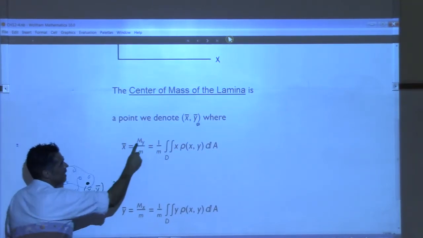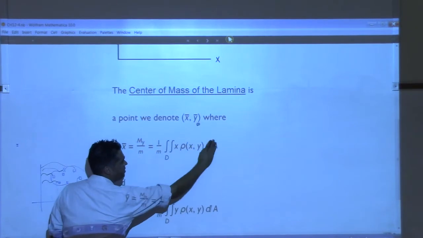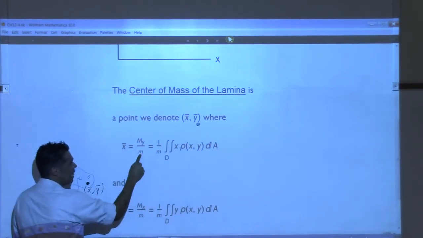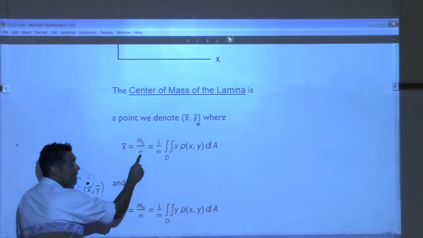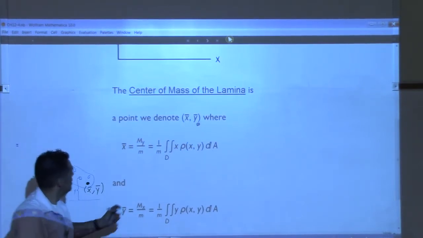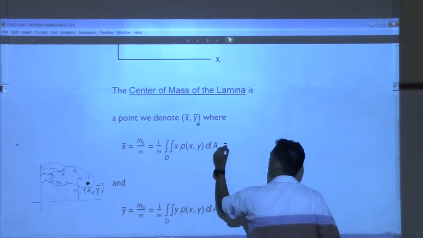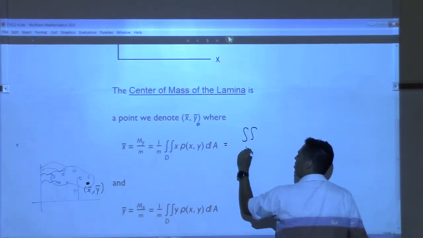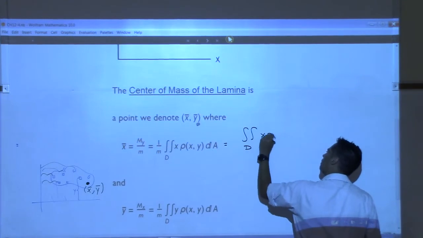Divide it by little m. And what's little m? That's the mass, and the mass integral was something else. So really, this formula written out properly should be this.